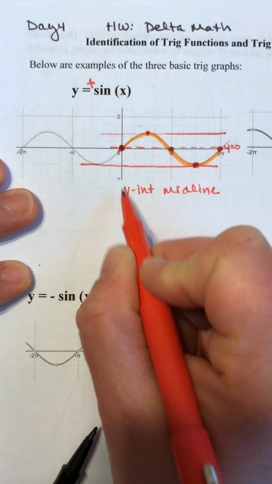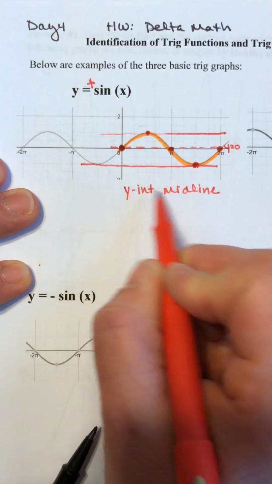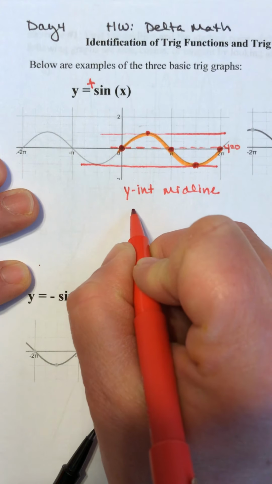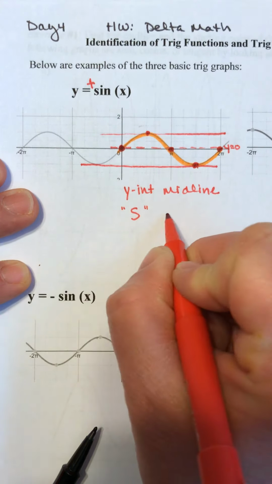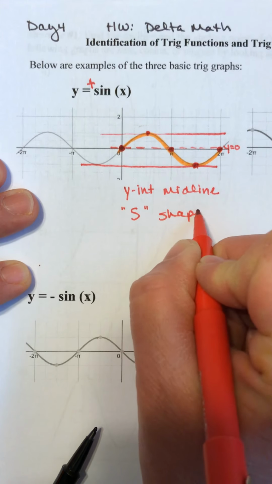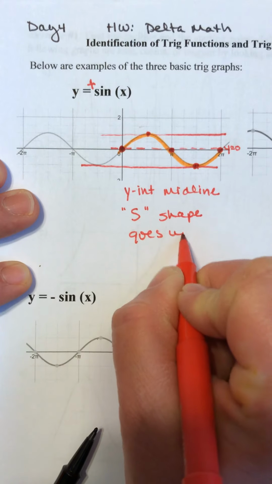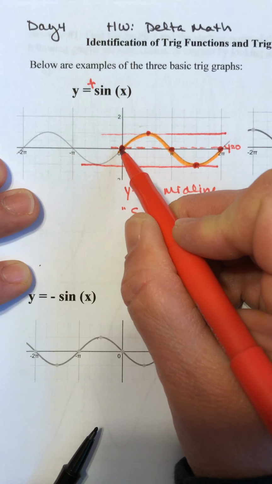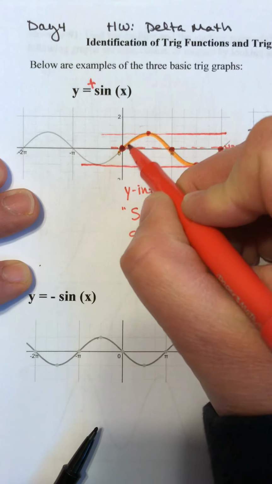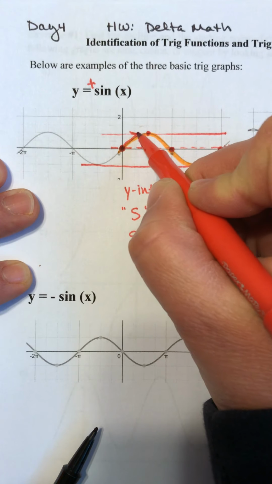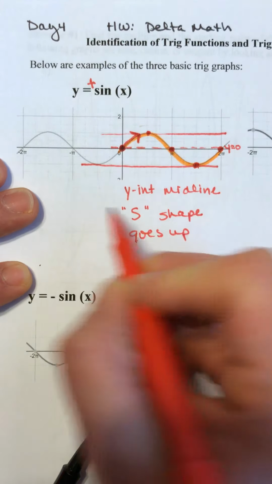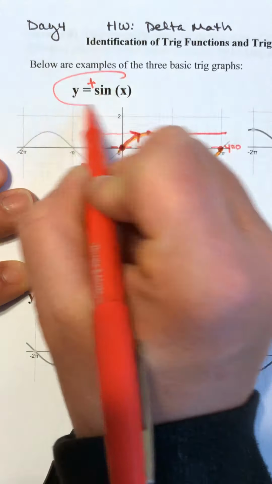So the y-intercept is at the midline. It has an S shape, and it is going up. What do I mean by go up? From its first point on the y-intercept, it goes up. So that's a positive sine graph.